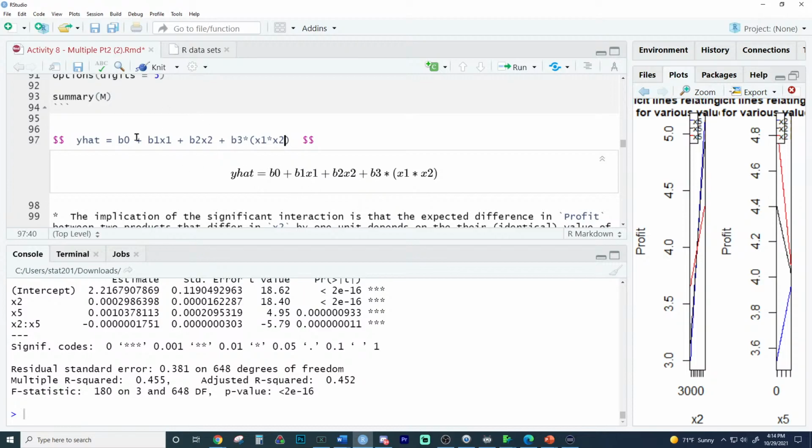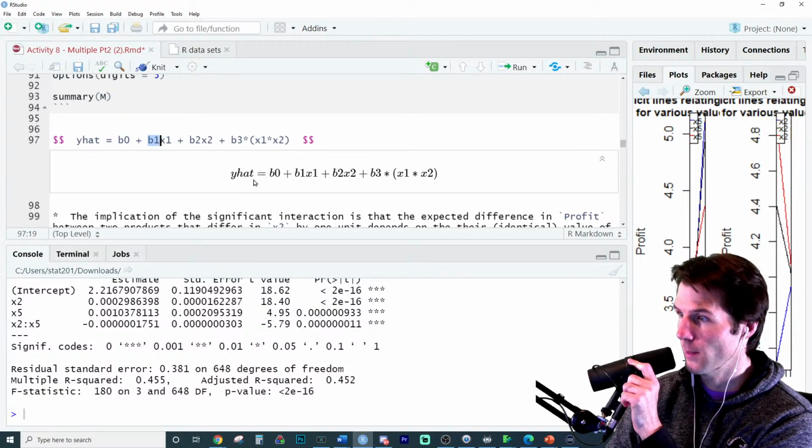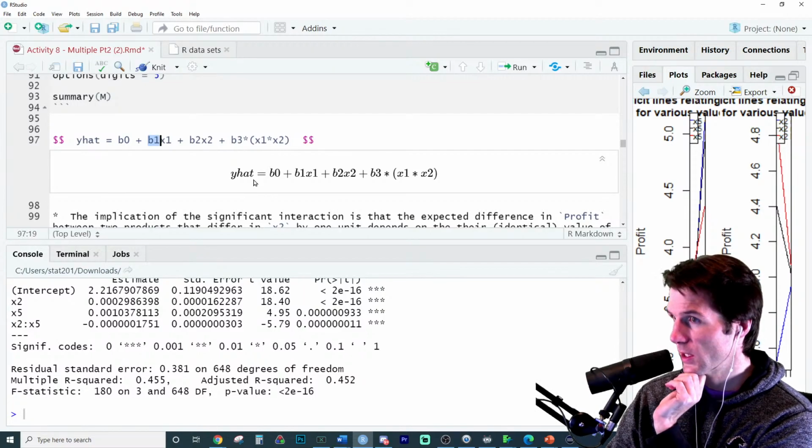So I've got the general form right here of the intercept, the first coefficient times the first x, the second coefficient times the second x, the third coefficient times x1, x2. Can anyone tell me, just to 3 decimal places, what is the second coefficient in my model right now? It looks scarier than it is.